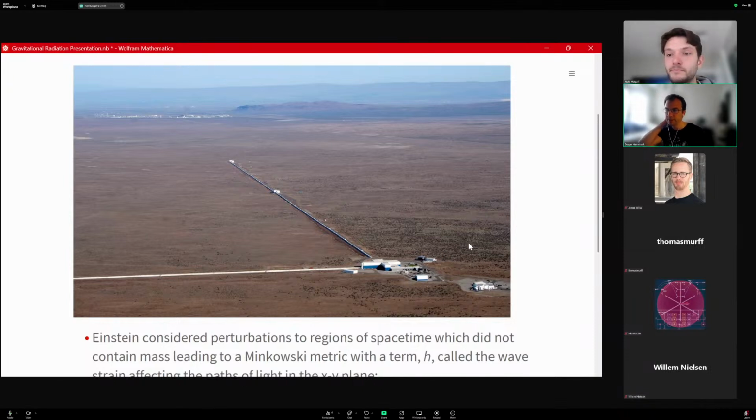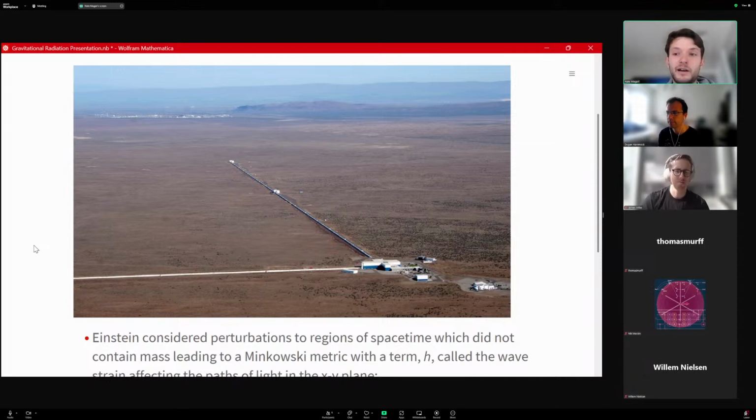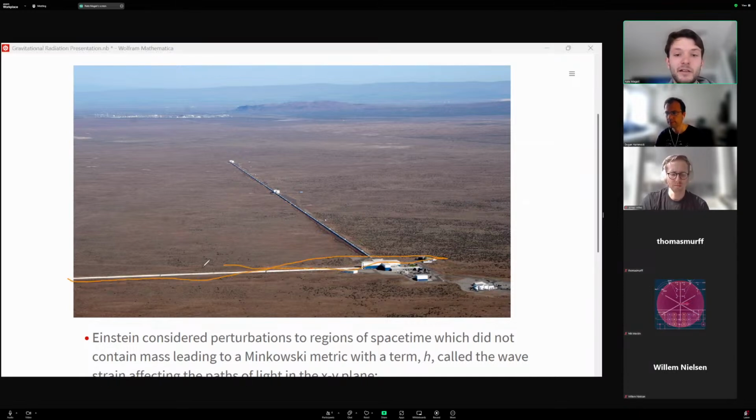And then having a different one somewhere else on Earth, if you have two lines here and two lines there, you can get three-dimensional polarization information that way. Yeah, exactly. So that was one of the main motivating factors for having two observatories. In this setup where you only have one observatory, you're only able to measure certain polarizations.